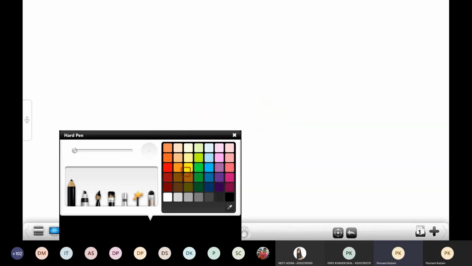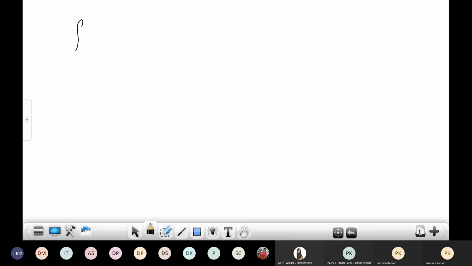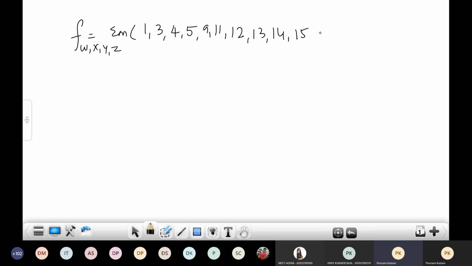Let's say I take again a 4 variable function. W, X, Y, Z are the variables, and the function includes minterms 1, 3, 4, 5, then 9, 11, then 12, 13, 14, and 15.